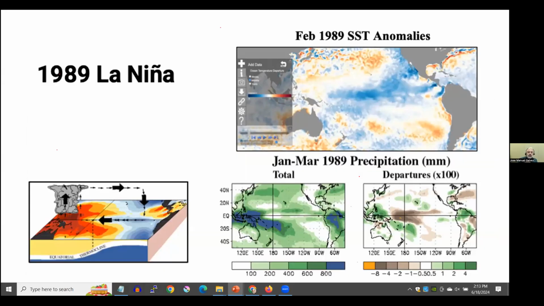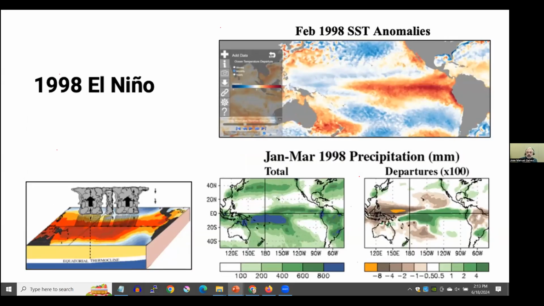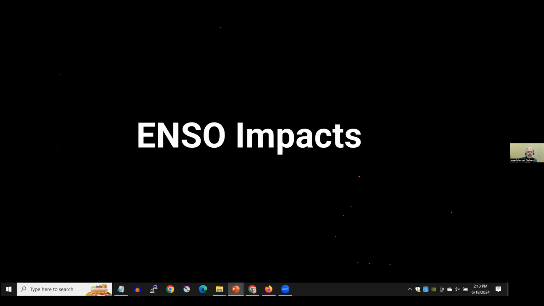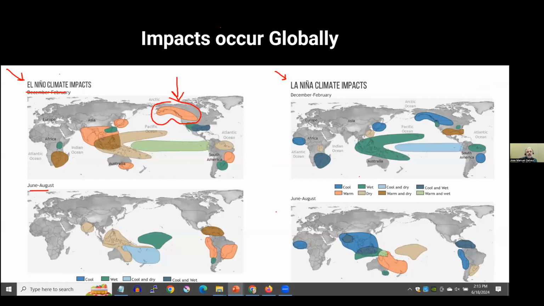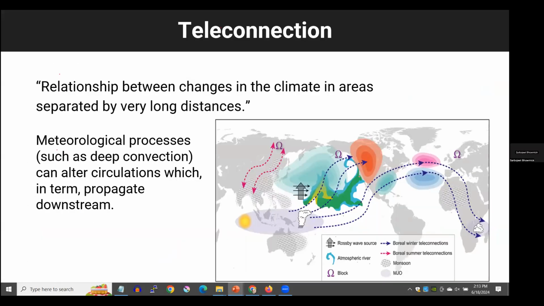And why do we get these global impacts? It's because of what we call the teleconnection. A teleconnection is a relationship between changes in regions that are really remote, but these connections are physically related, right?